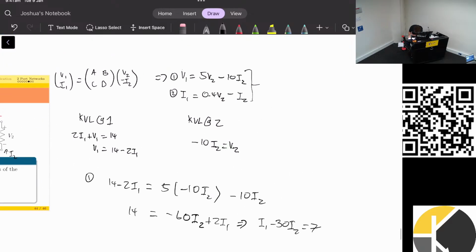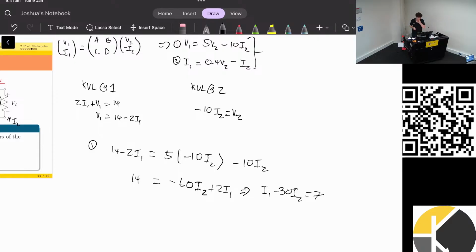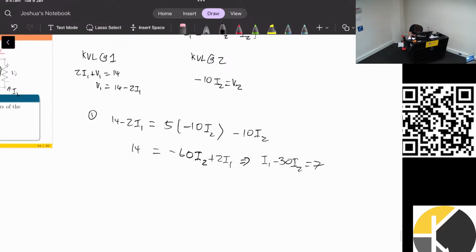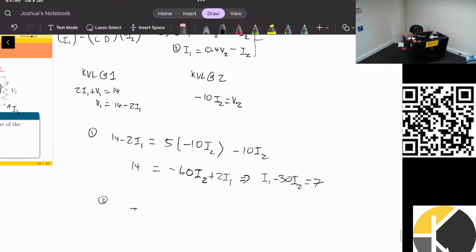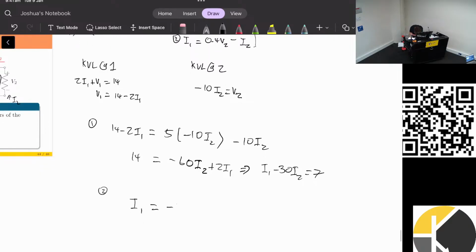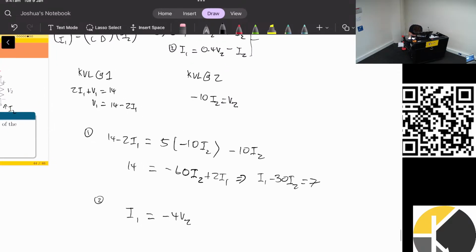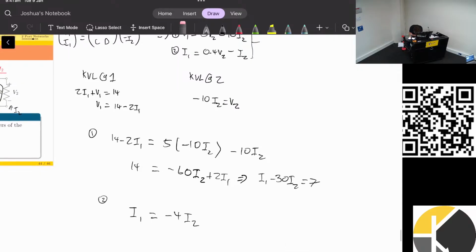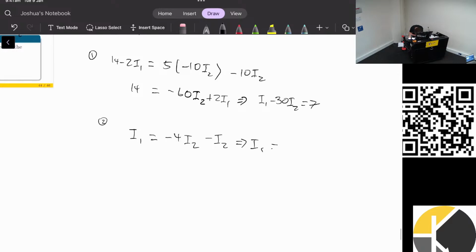Okay, any guess what we're going to do with equation 2? Yeah. So we'll sub in these two things we figured into I2. So now for 2, we're going to say I1 equals, well, that's just minus 4 V2 because we're timesing by minus 10, minus 4 I2, and then minus another I2, so we know that I1 equals minus 5 I2.